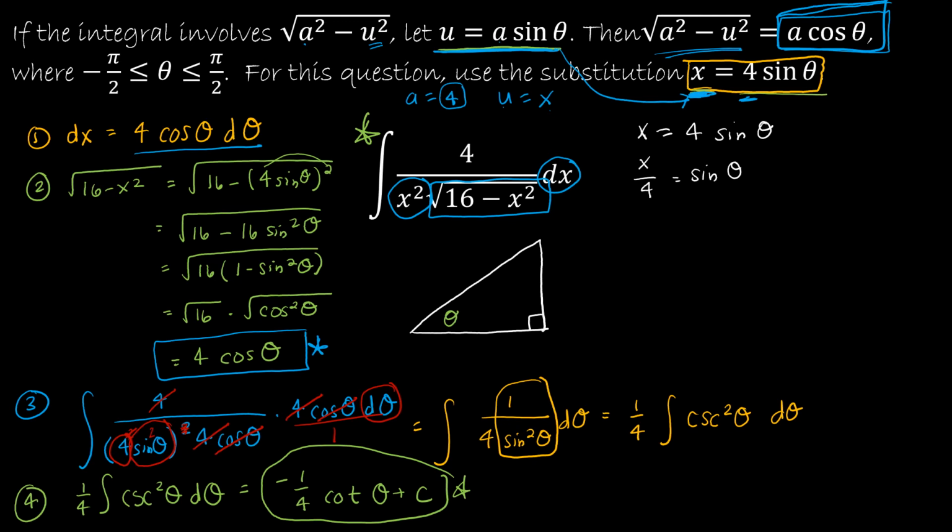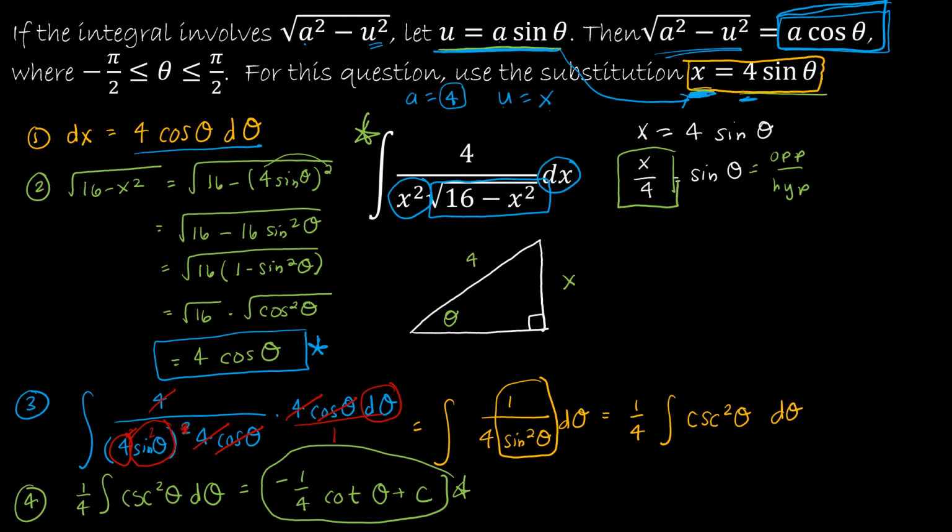So if I make theta that angle on the bottom left, then if I know that sine is x over 4 and sine is also opposite over hypotenuse, then the side opposite is x and the hypotenuse is 4.